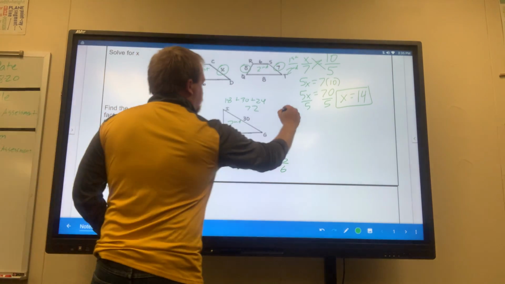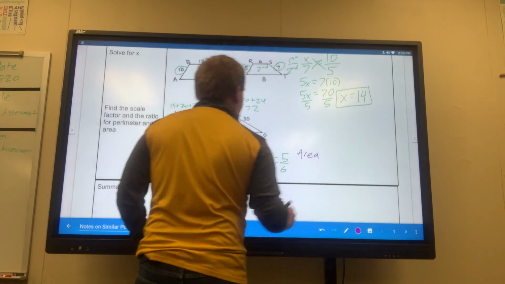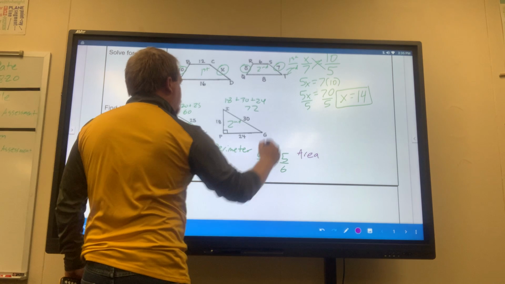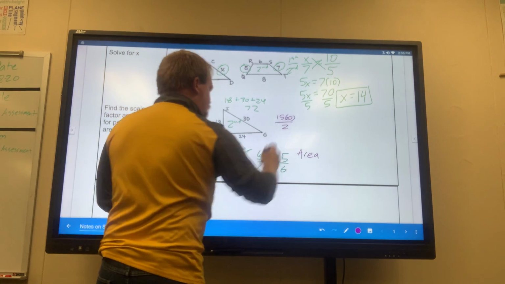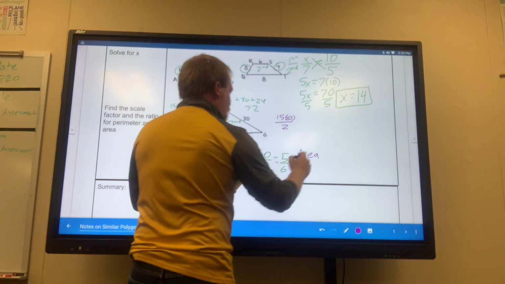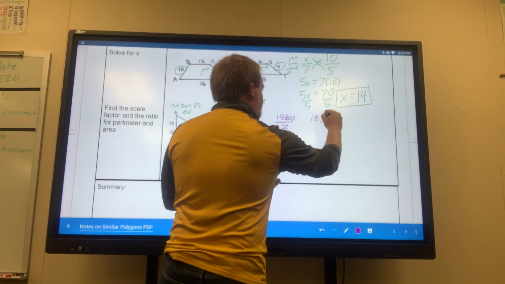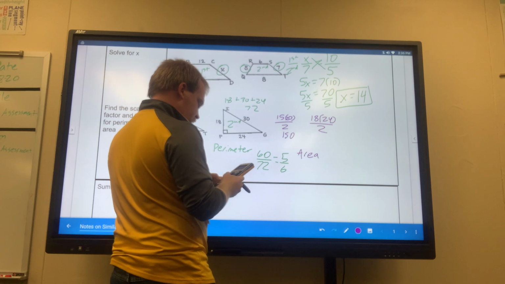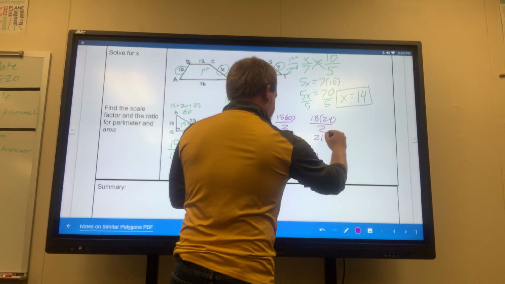So I'm going to do area in red, so that way you can distinguish which work I'm doing. 15 times 20 divided by 2 gives me 150. And then 18 times 24 divided by 2 is 216.